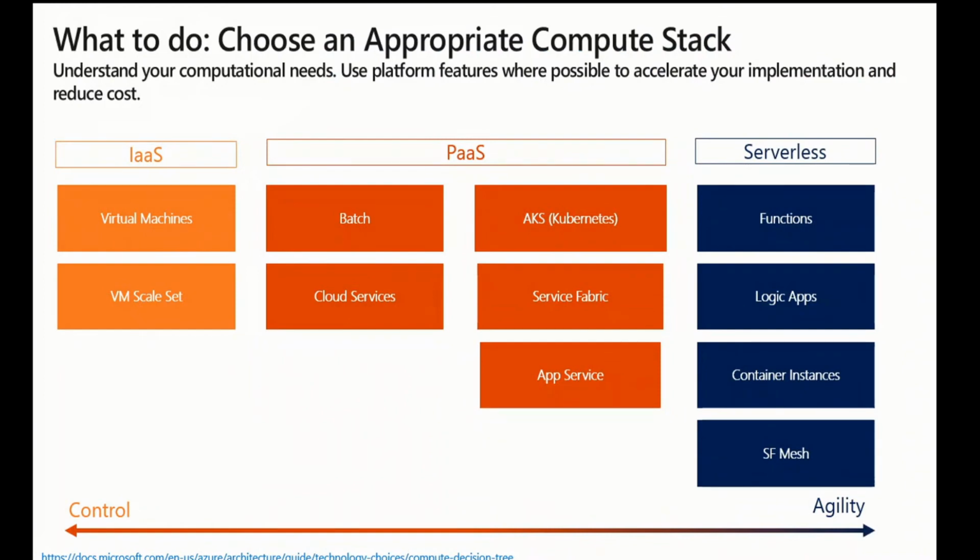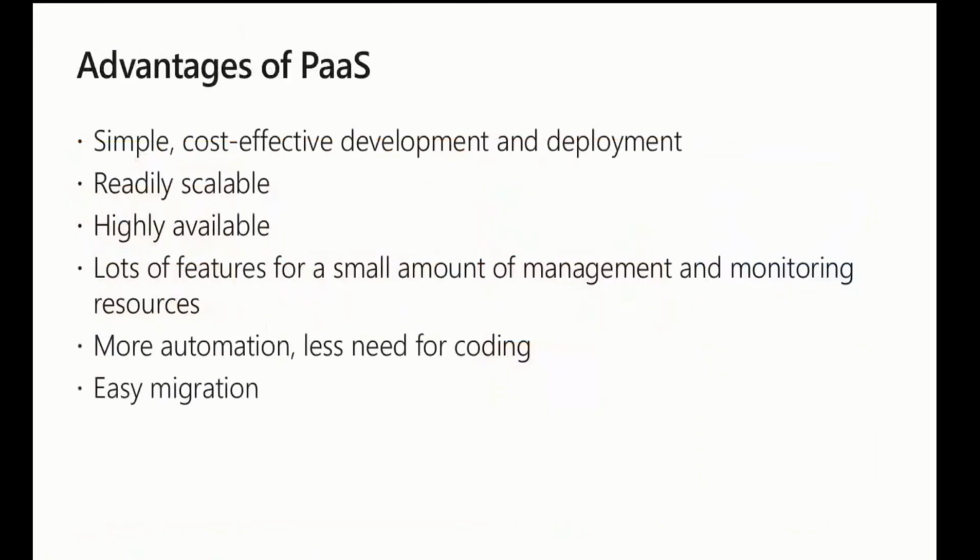So when choosing the appropriate compute stack, based on the application, where you can host it, obviously lift and shift, you move into virtual machines and scalability with VM scale sets. But if you need less control, you can move towards things like serverless environments and also PaaS and containerization. So same thing, highly scalable, highly available, more automation.